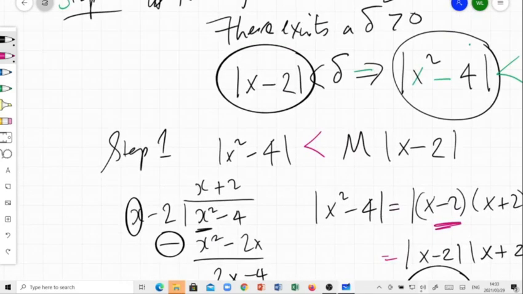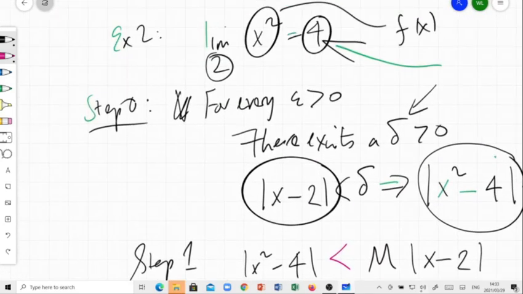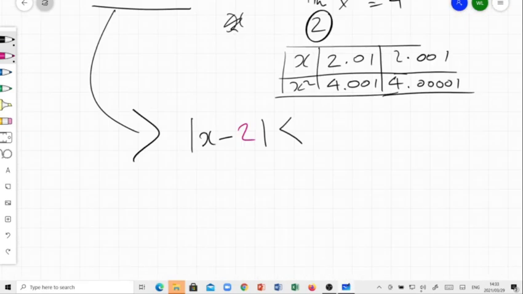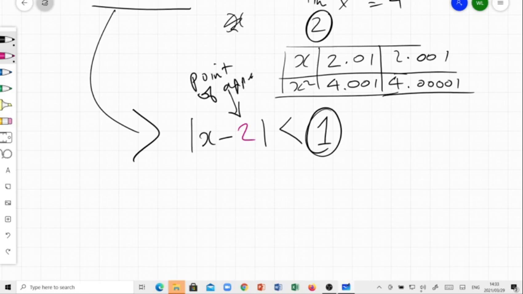In this case, I'm going to say I want my x's to be distance, let's just say 1. You can pick anything, 5 or a half, it doesn't matter. I just choose my x's to be within distance 1 of 2.